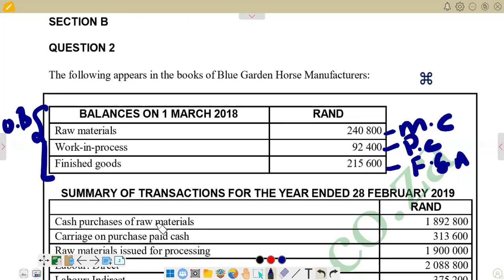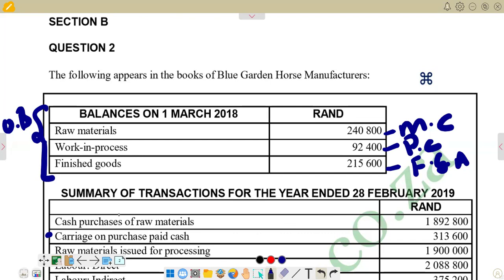Now after carriage of raw materials, we've got carriage on purchases. Here, carriage on purchases are paid cash, 313,600. Remember, whenever we have carriage on purchases, they increase the value that we have for purchases. So the same double entry that we did on purchases, we also apply on carriage. We debit the material control with 313,600, and obviously we also credit the bank, which is not being asked. So we ignore the credit part of the bank and just debit the material control.